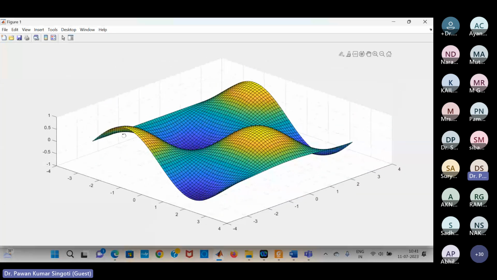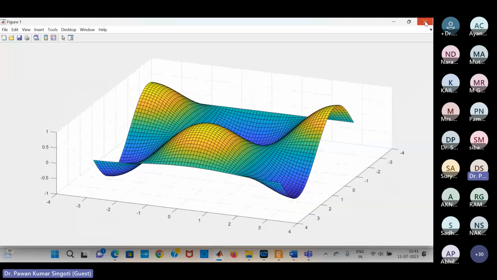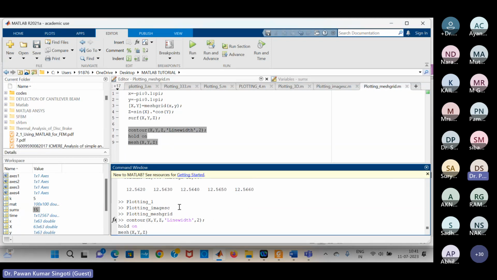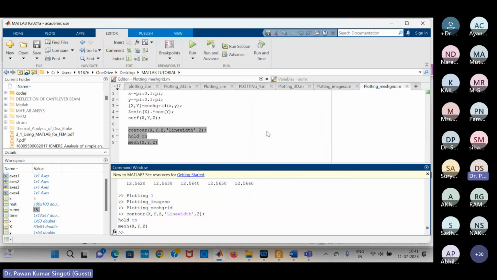It is also very important for the representation of figures. Now I will uncomment this one, and if I type contour xyz, I will get the contour of the same data points. You can see the meshgrids and contours are available in this figure. Many plotting possibilities are there.